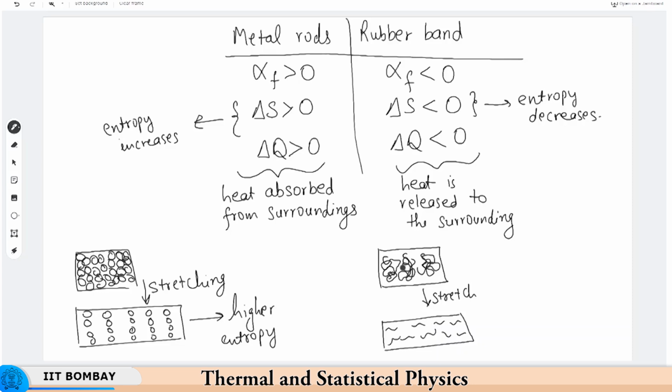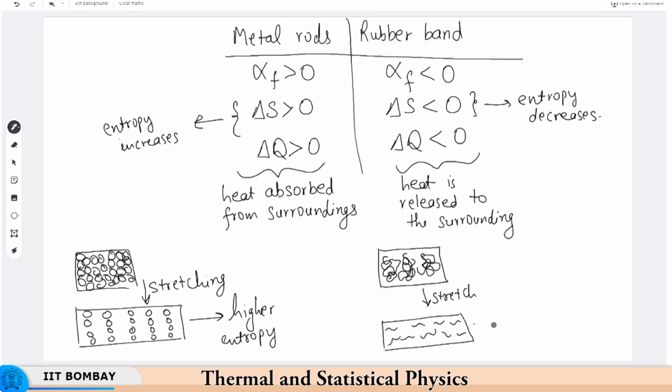Similarly, you can tangle up a thread, in this case a polymer, in many number of microstates, but if you stretch it, the number of microstates goes down. One way to think is, if I go to the extreme limit where I just make a straight thread out of it, there is just one way. Of course, molecules can interchange their positions between each other, but there are fewer number of ways in which I can put all these atoms in molecules in a linear chain.